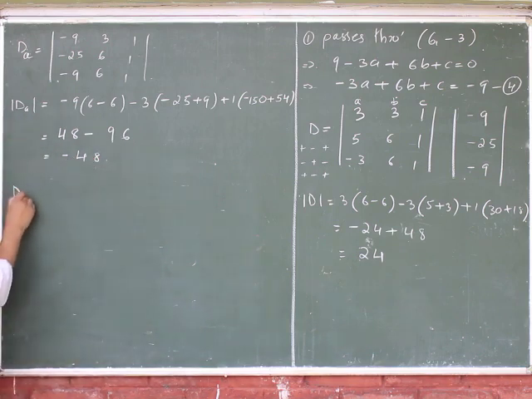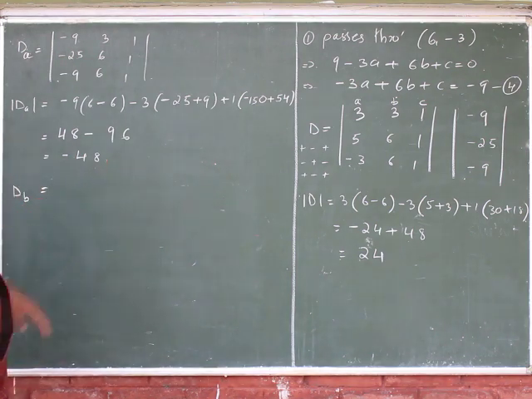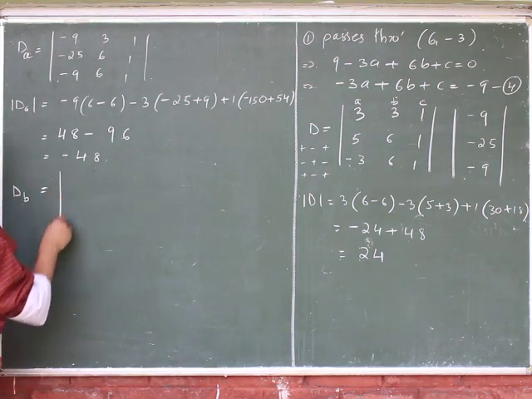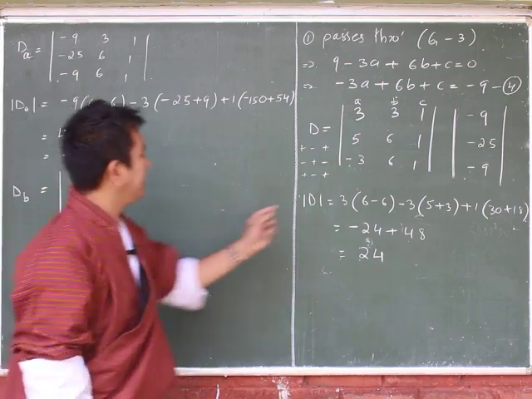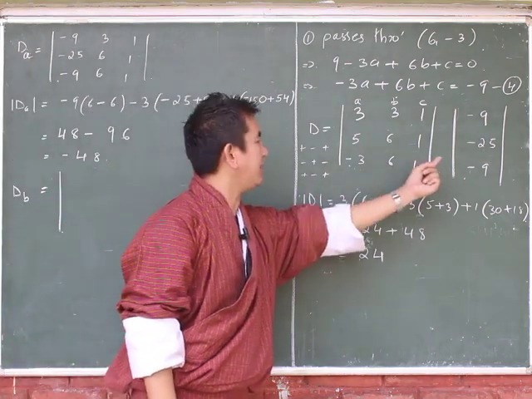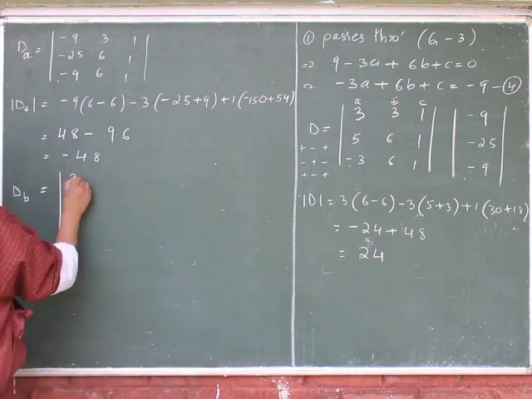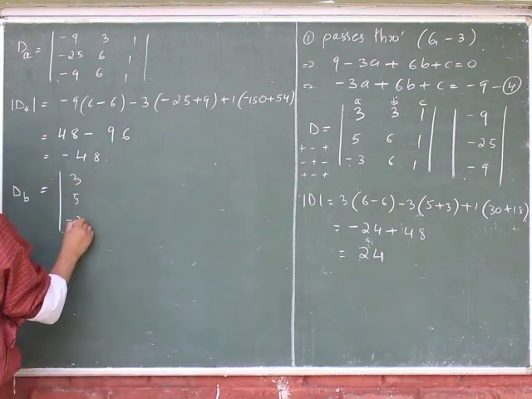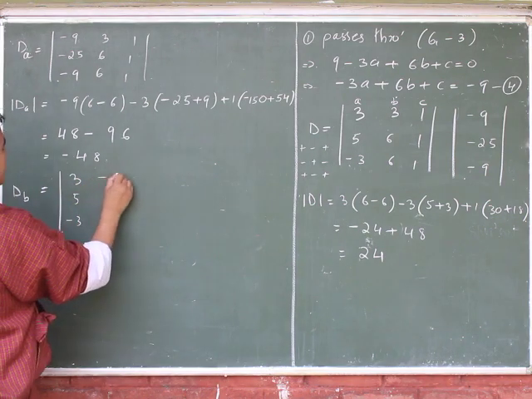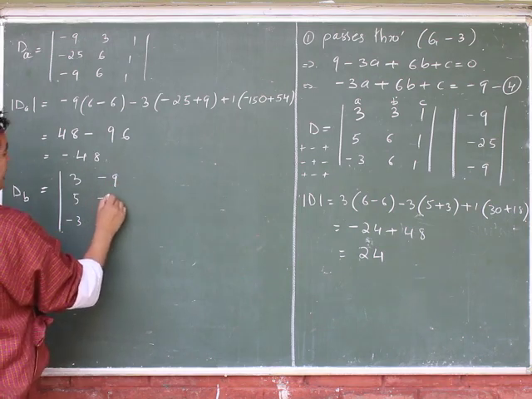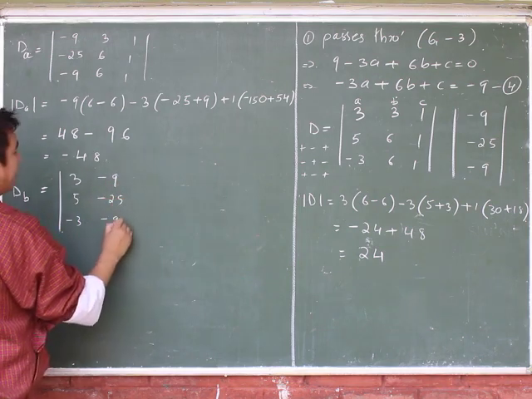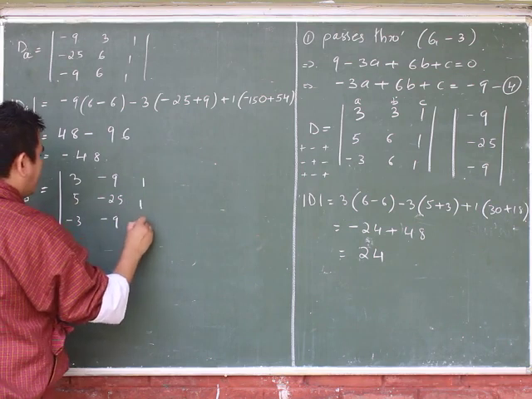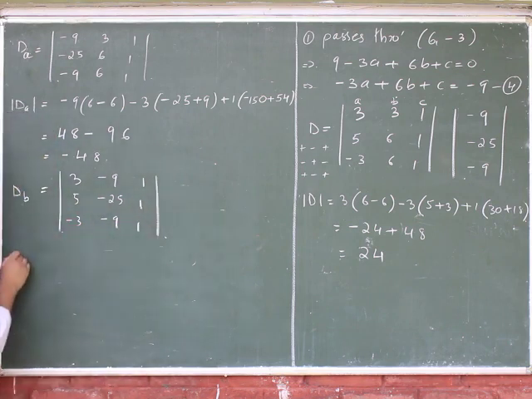Then let me go with dB now. If you want, you can find the A value directly, but let me find the A value later. So now, when you go for dB, replace this B variable by the constant value. We have here 3, 5, negative 3. Replace that one by the constant values negative 9, negative 25, negative 9, then 1, 1, 1. Expand it now.